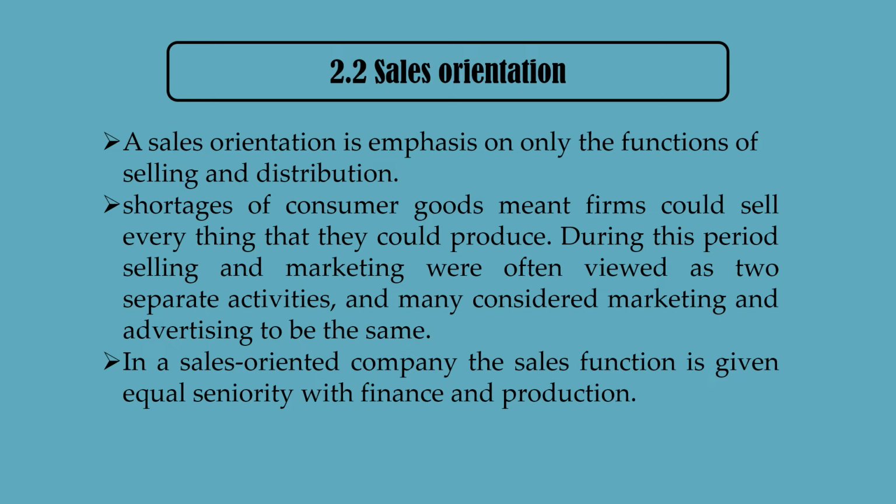During this period, selling and marketing were often viewed as two separate activities, and many considered marketing and advertising to be the same. And in a sales-oriented company, the sales function is given equal seniority with finance and production.